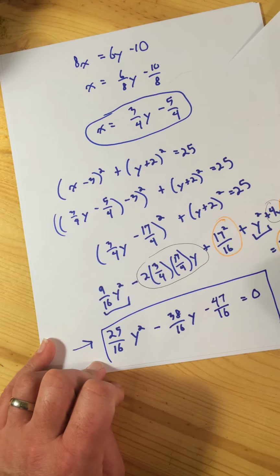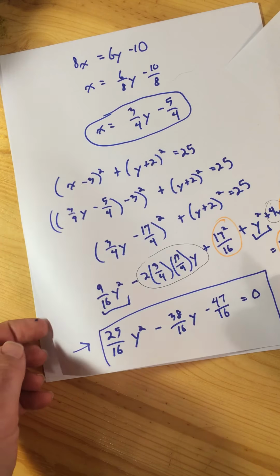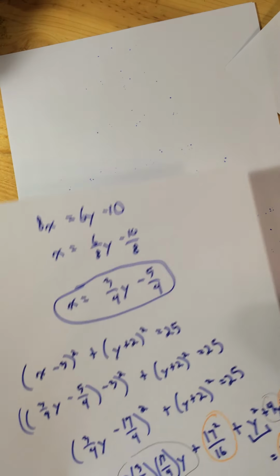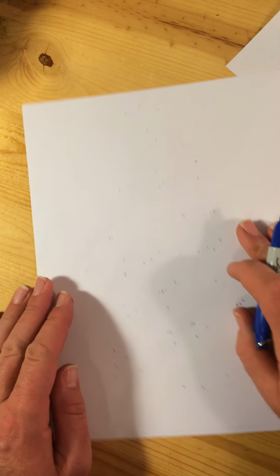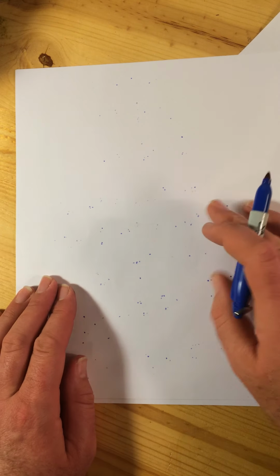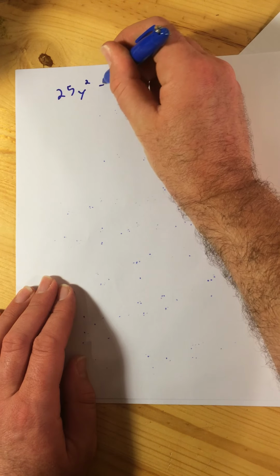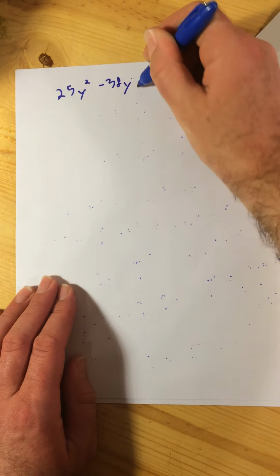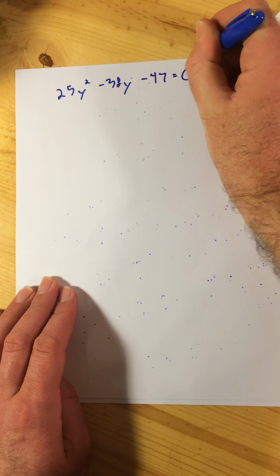So now finally we've gotten this down to an equation we can solve. I would say let's go ahead and multiply through by 16 just because it's kind of ugly the way it stands. Alright, so what we've got left is 25y squared minus 38y minus 47 equal to 0.